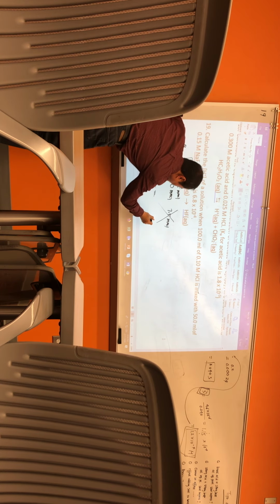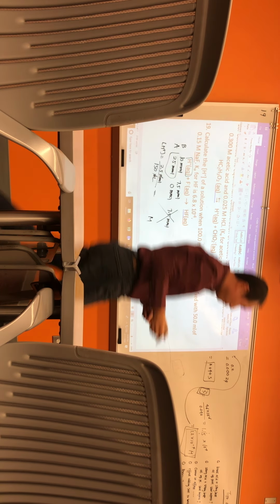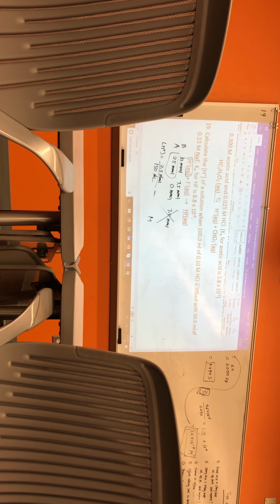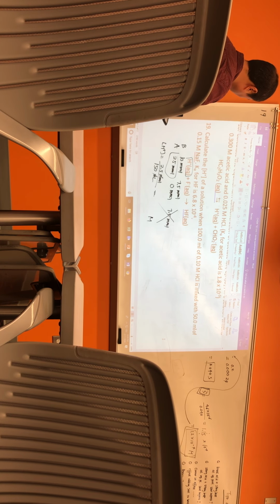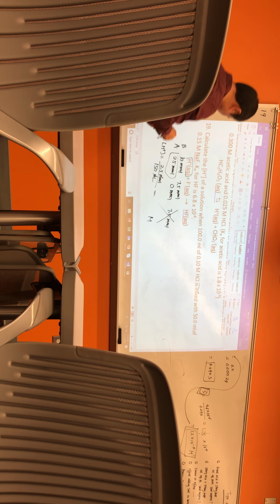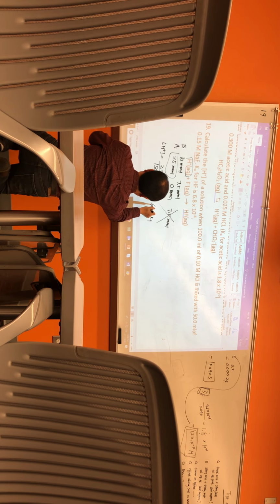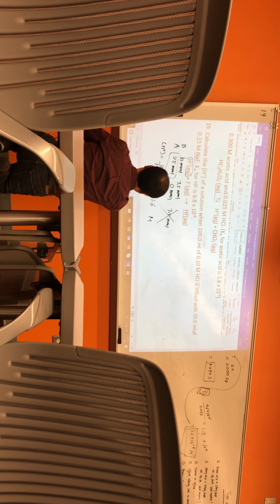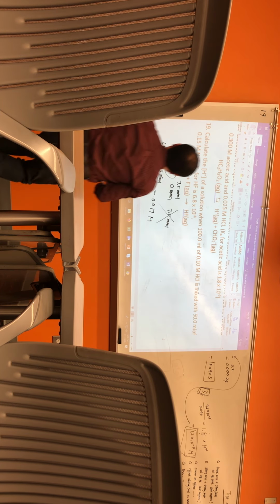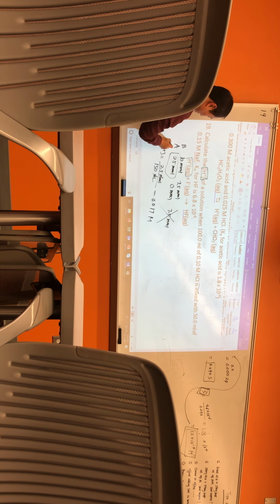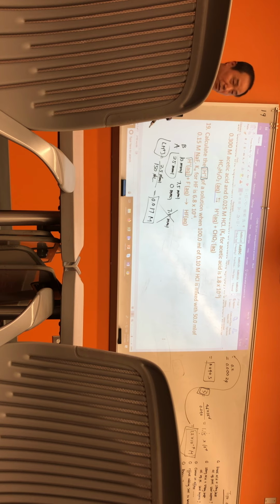Milli cancels, remaining is molar. 2.5 divided by 150 is 0.017. Because they are asking for the concentration of hydrogen, you don't have to do a pH calculation.